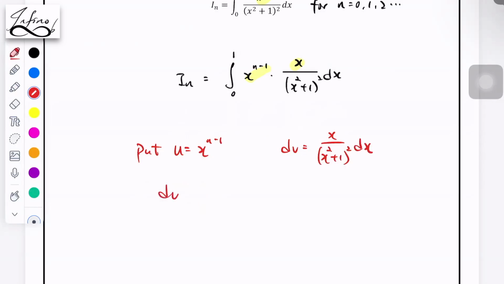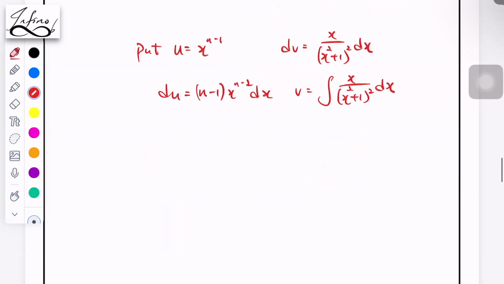Just the same, so du will be (n minus 1) x^(n-2) dx, and v will be the integral of x over (x squared plus 1) squared dx. For the right-hand side of this part, some students may get stuck, but if you still remember, we can actually use u substitution again.